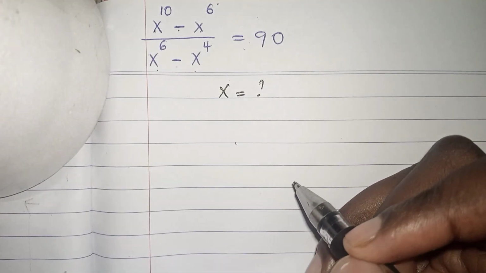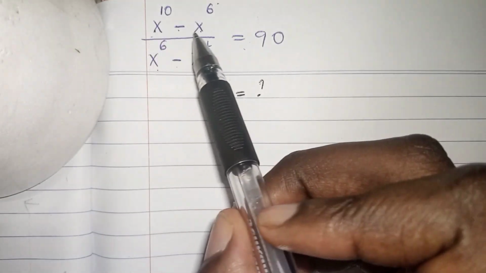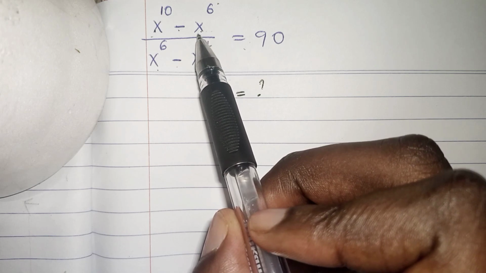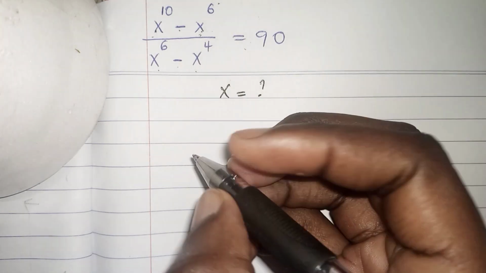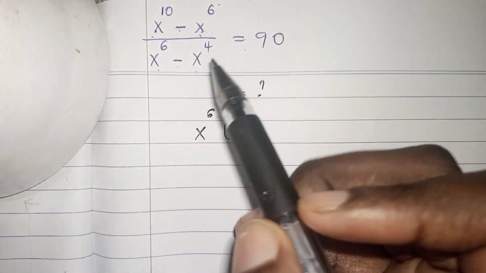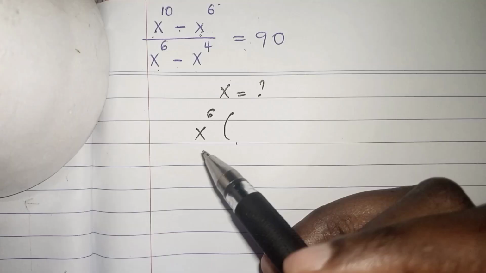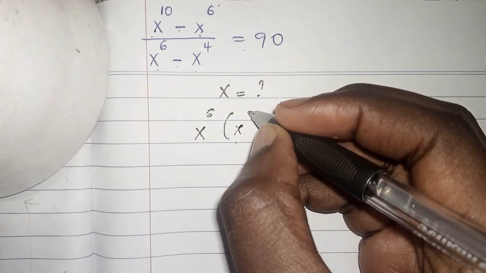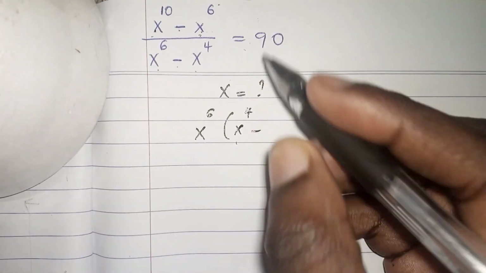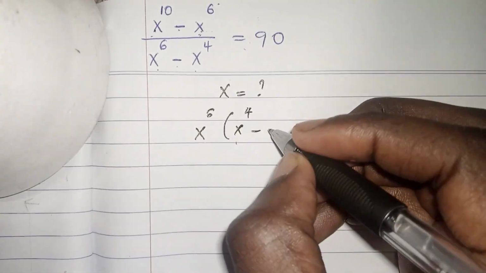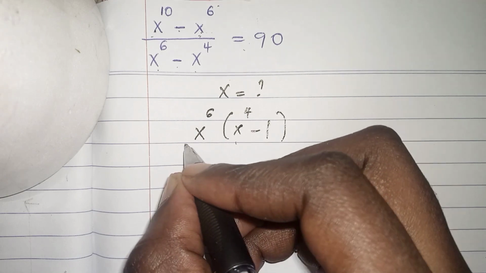Our first step will begin with our numerator, whereby we are factoring out x to the power of 6. So x to the power of 6 into bracket x to the power of 10 divided by x to the power of 6, which gives us x to the power of 4, minus x to the power of 6 divided by x to the power of 6, which is 1, into bracket.